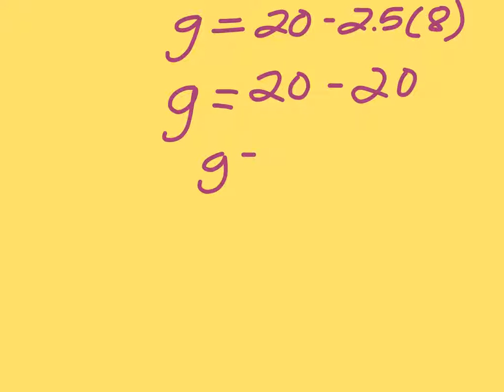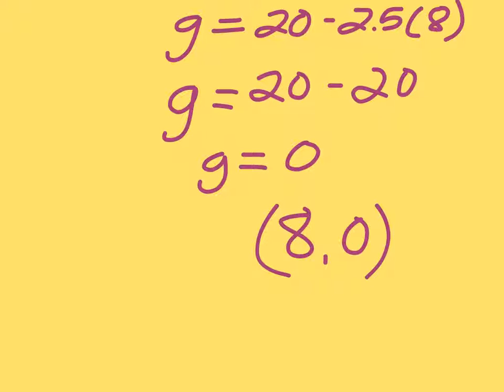So after 8 minutes, we have no more gallons left. Okay? Remember, I've written it in ordered pairs. M is for the minutes, and G is for the gallons that are remaining in the tub.